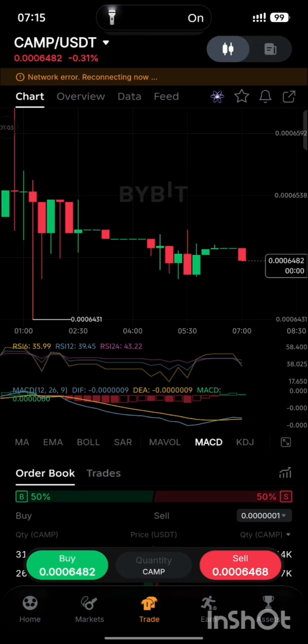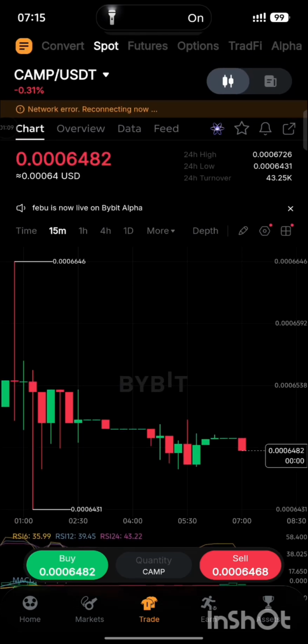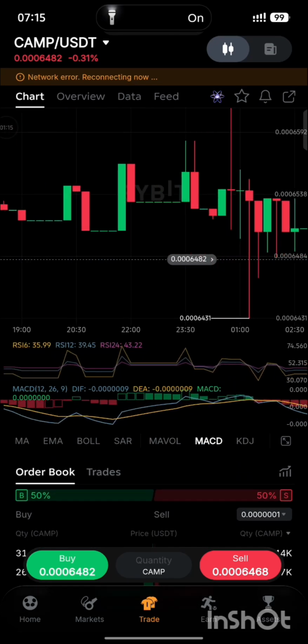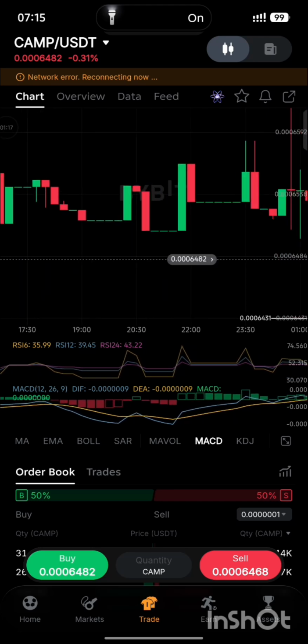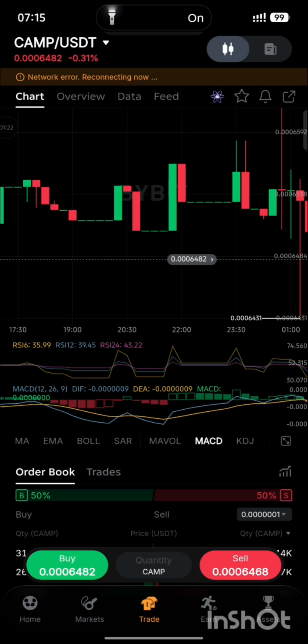So a support is actually a price area where buyers usually step in. Like what's actually forming up here right now is actually a support area, but it's not yet met yet.